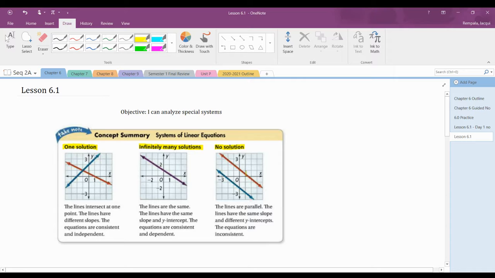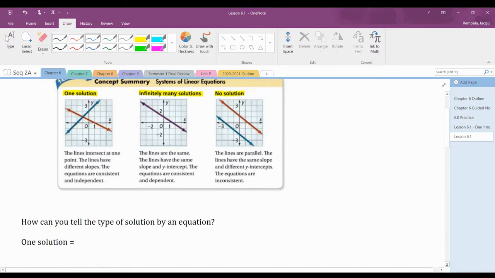As you can see in this picture, we have two lines and they are what we call parallel. Parallel lines never intersect. They have the same slope and different y-intercepts. And so that's why there would be no solution, because there's nowhere that those two intersect to form a common point.